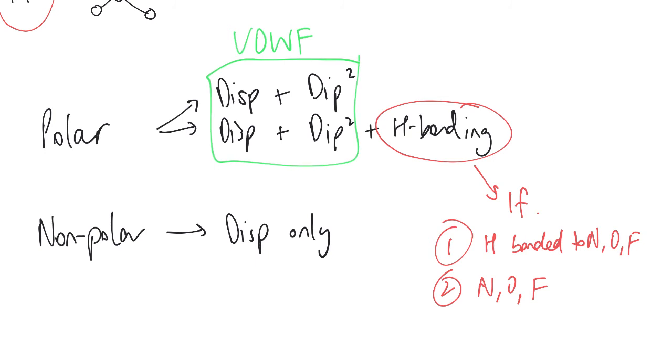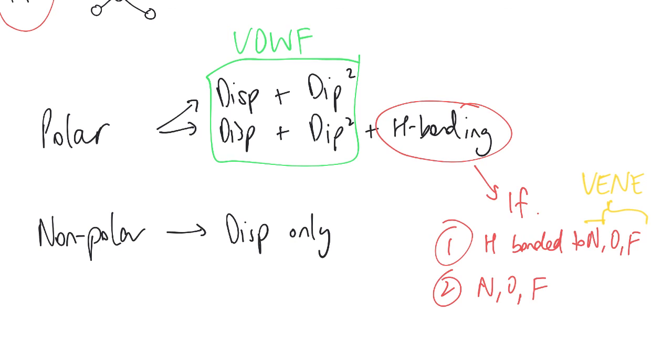However, whether it has hydrogen bonding as well depends on 2 conditions that you need to fulfill. You need to have a hydrogen bonded to a nitrogen, oxygen, or fluorine. Remember, these are the very electronegative elements. They don't have to be on the same molecule, but generally when you're talking about melting and boiling points of pure substances, then yes, they are generally on the same molecule, but they can be on different molecules.